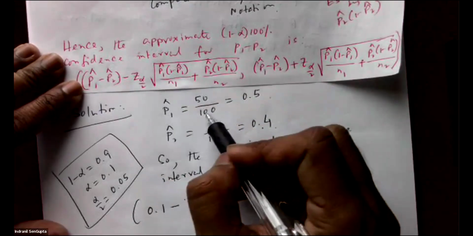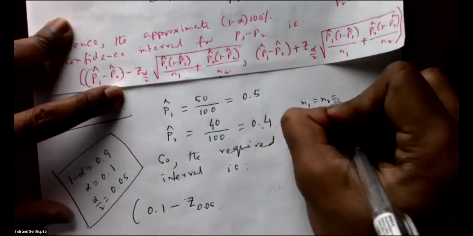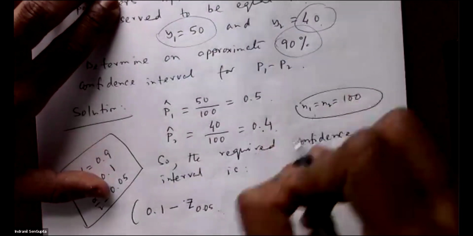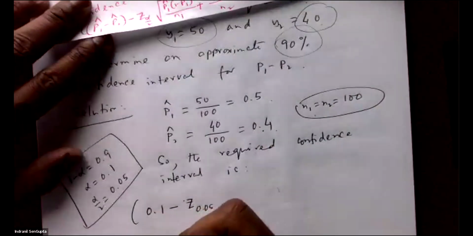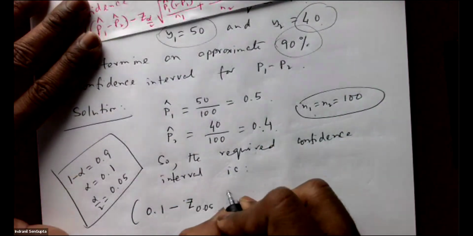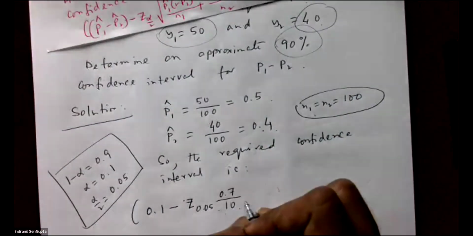It's based on p1 and p2. By the way, here n1 equals n2, both are 100. So this number, if you compute it, is 0.7 over 10.